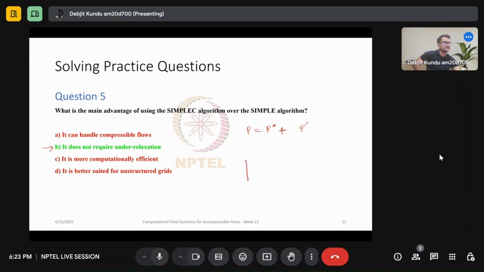So let's say this is your correct P that you're trying to get, and this is your P star, and you start off someplace over here, and after each step you add some delta P prime correction to it. So let's say you're going this way step by step, and it may so happen that you may overshoot the actual correct solution.